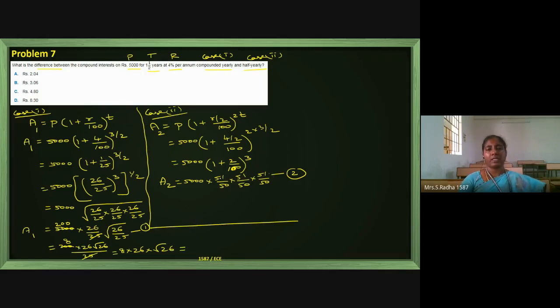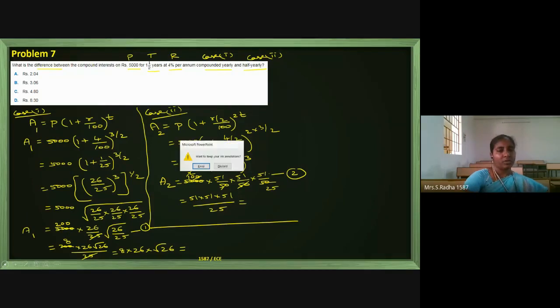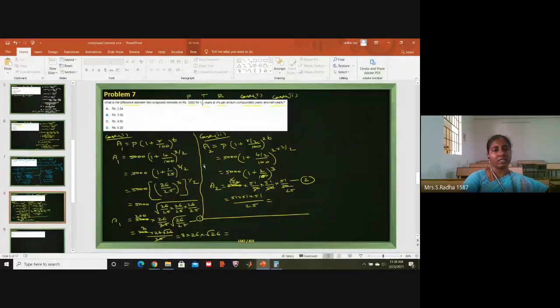And in case 2, I finally have 51 into 51 into 51 divided by 25. What is the answer? Let me try. This is about the first case and second case.